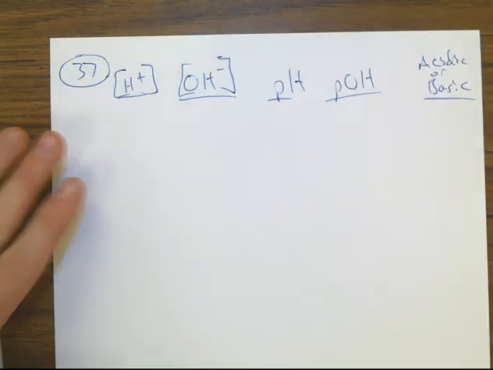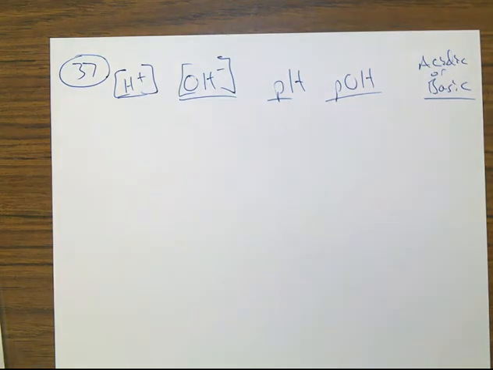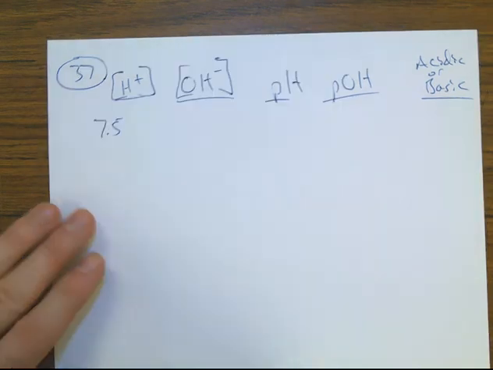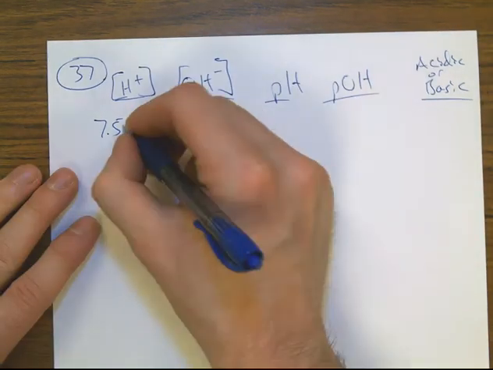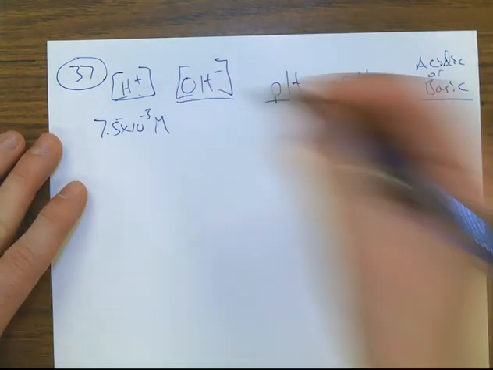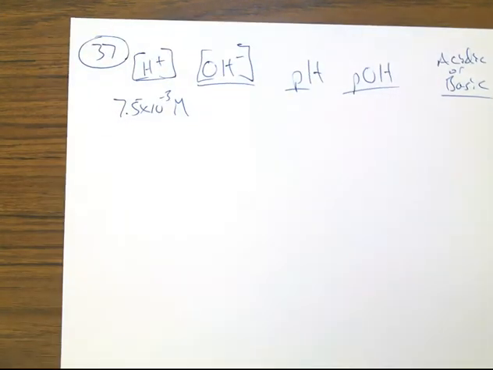All right. Now, the table starts off with the very first row giving you information about the hydrogen ion concentration, which is 7.5 times 10 to the negative third molarity. All right. So you have to fill in the rest of the information within the table.